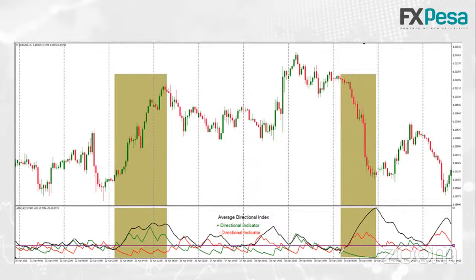In this case, it's the red line, the negative directional movement indicator, which had crossed above the positive directional movement indicator. The fact that negative DMI had crossed above positive DMI indicated that the momentum which is increasing at that point in time is a bearish momentum.